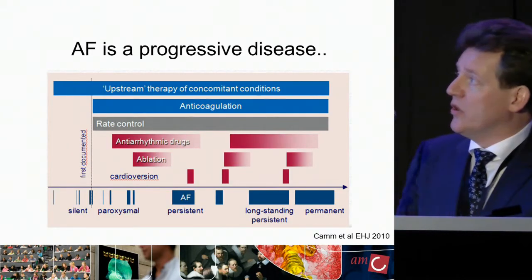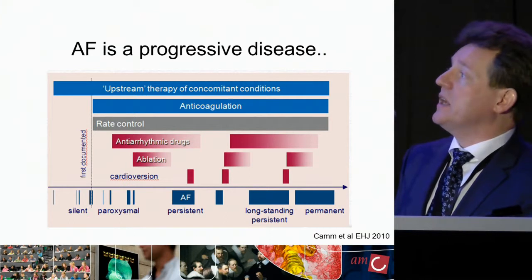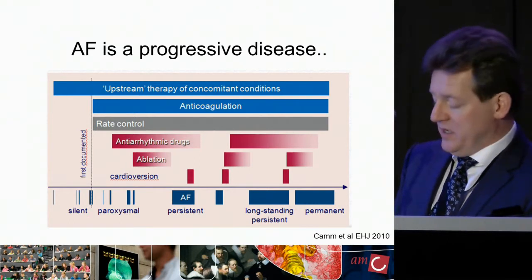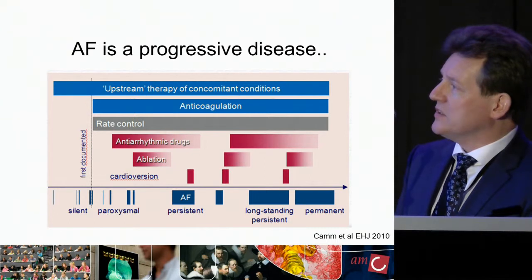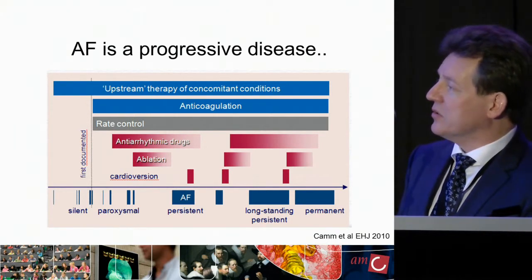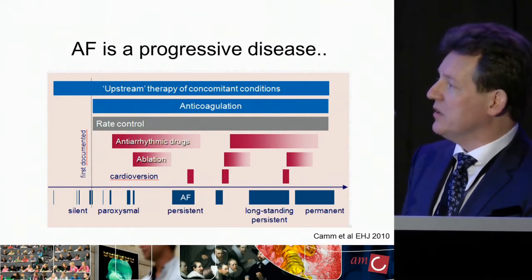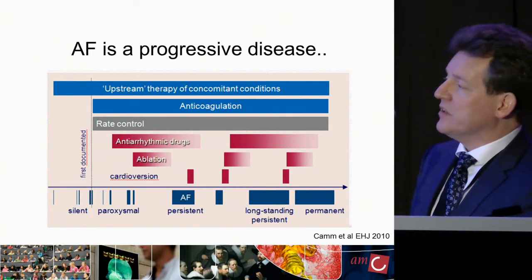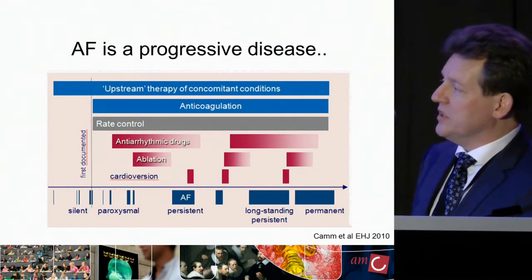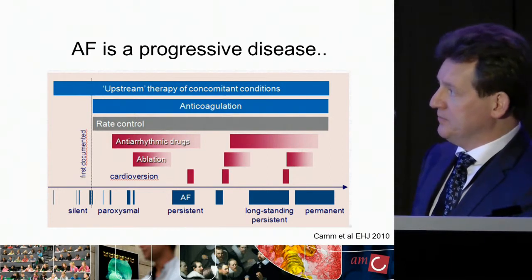This is a picture that you all know, of course, from the guidelines, and it indicates that AF is a progressive disease where events occur usually before the clinical horizon has been reached, and it is first documented on an ECG or by pulse taking or otherwise, and then it increases in severity, it increases in frequency, and eventually it ends up as a permanent condition.